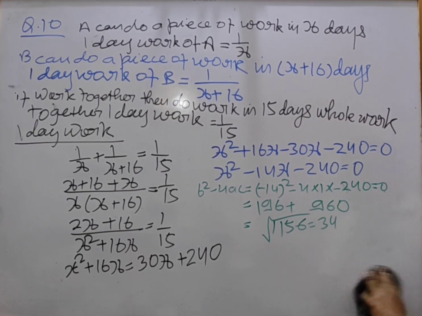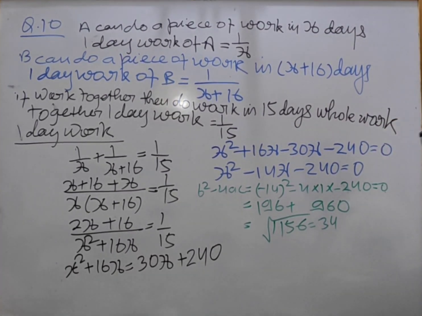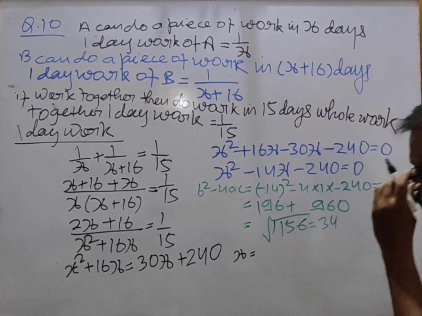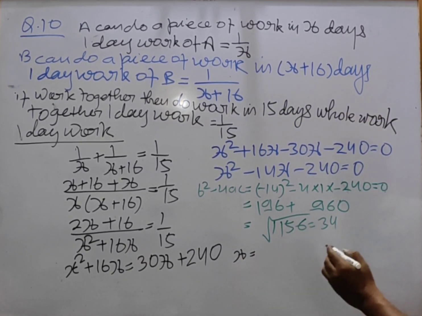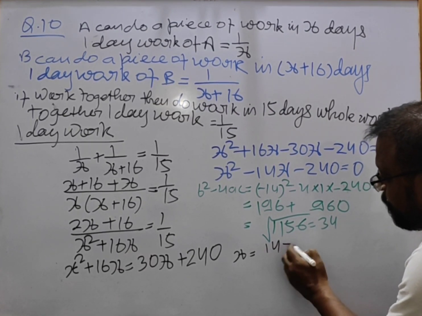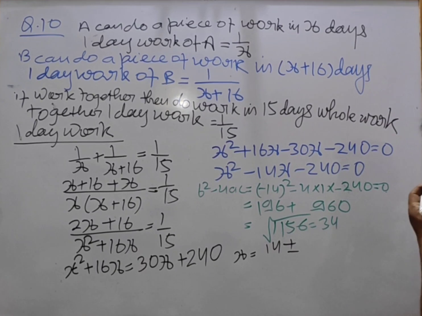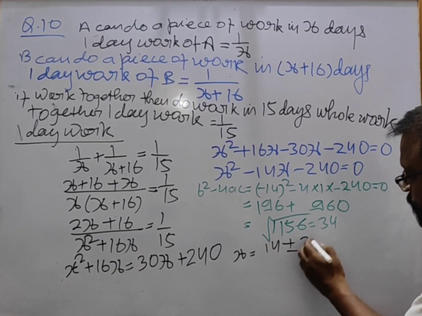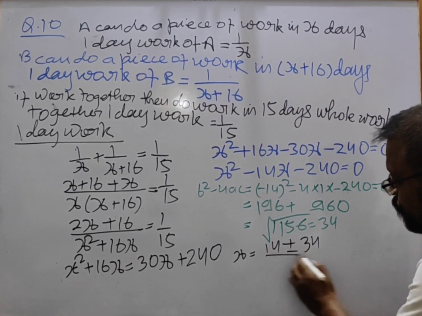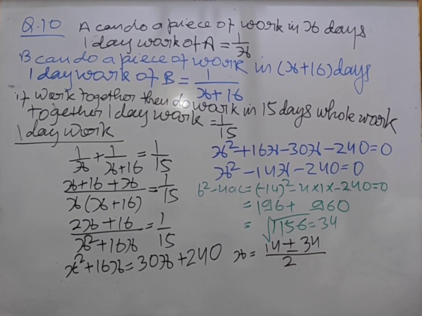I'm going in shortcut because of shortage of space. So minus 14 becomes plus 14, plus minus root of 1156 becomes 34, upon 2. So now we have two options.